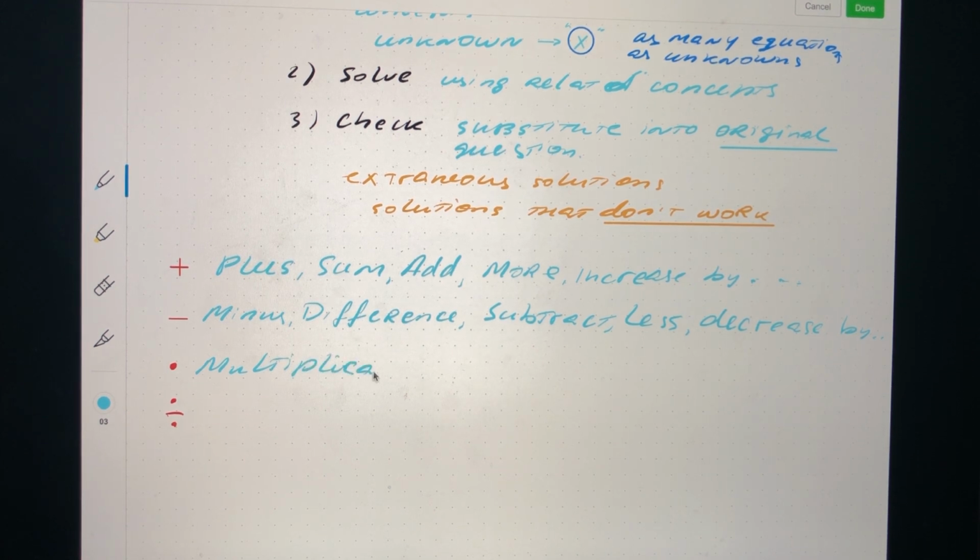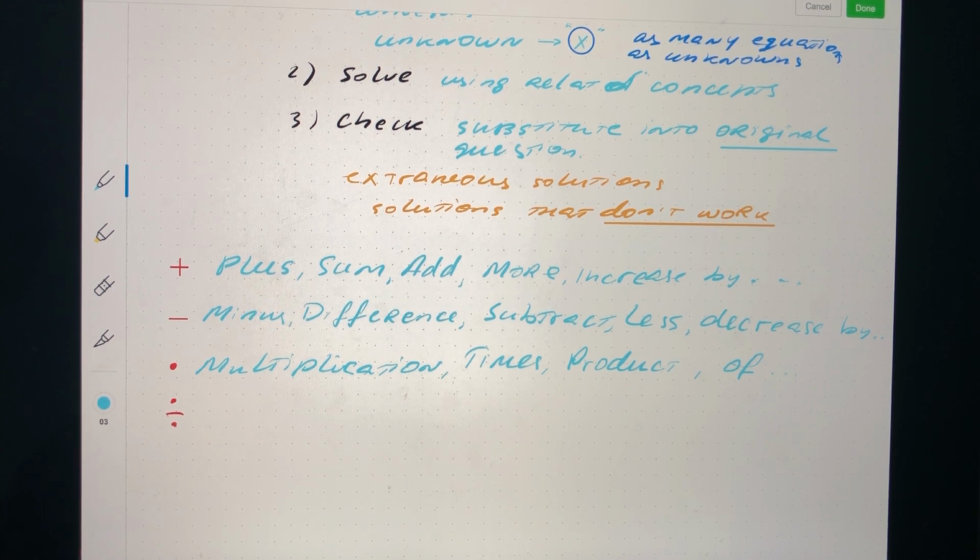This would be multiply, multiplication, times, product. Sometimes the word of actually leads to multiplication. If somebody says 20% of my salary goes to pay the mortgage, that means 20% times whatever I make goes to pay the mortgage.